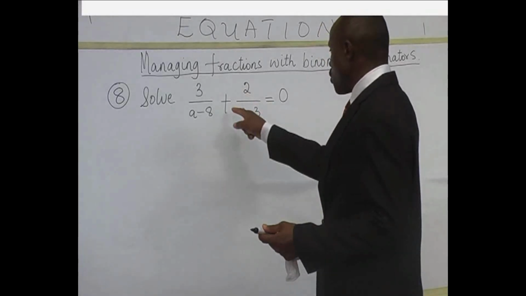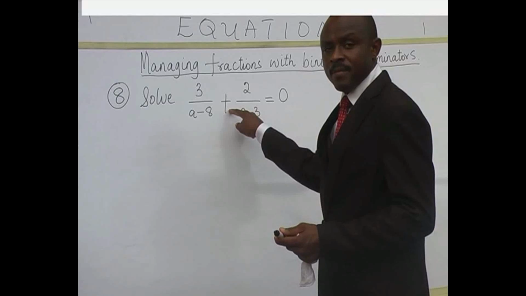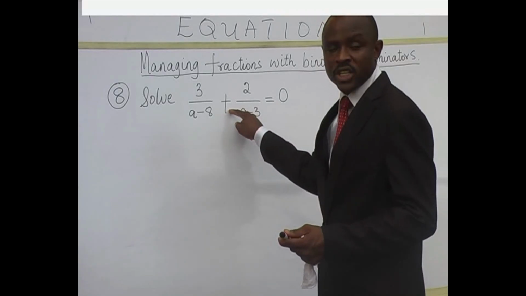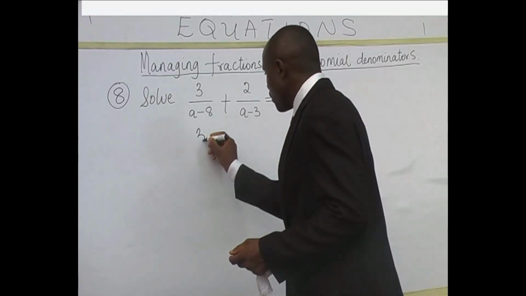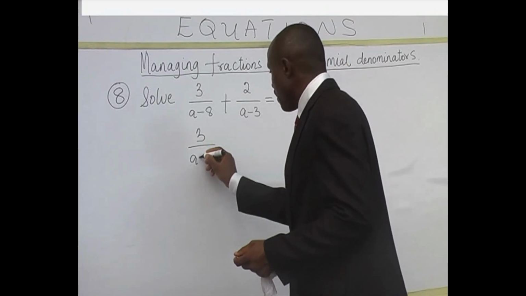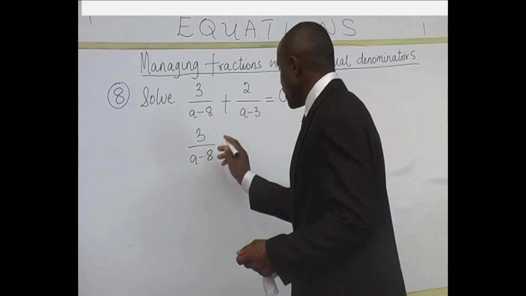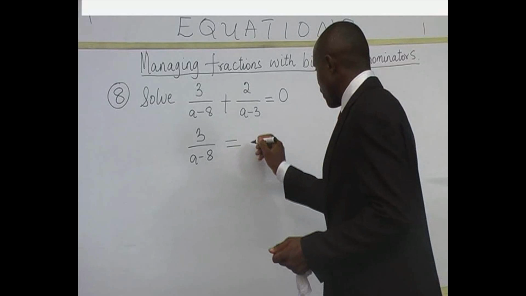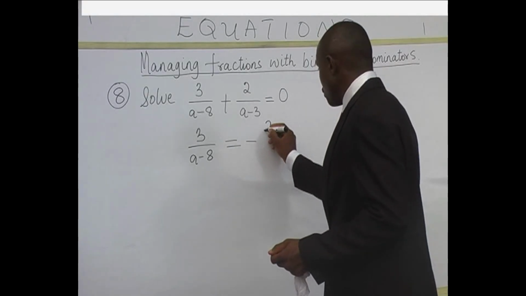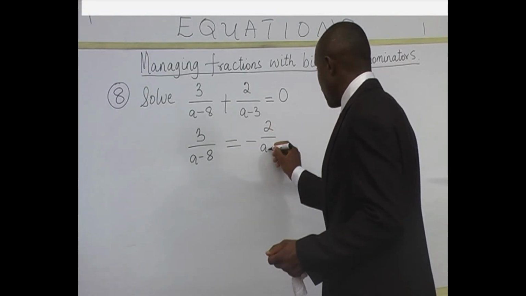Remember, when you do so, the sign that it has, that is plus, we change to minus. So we are going to have 3 all over a minus 8 in the left hand side now will be equal to minus 2 all over a minus 3.